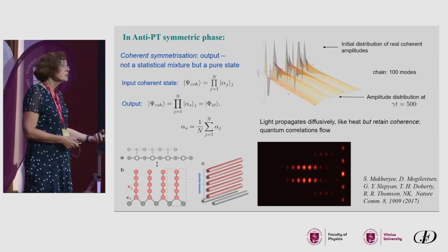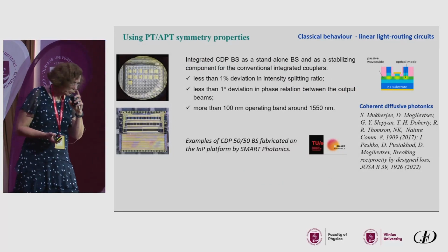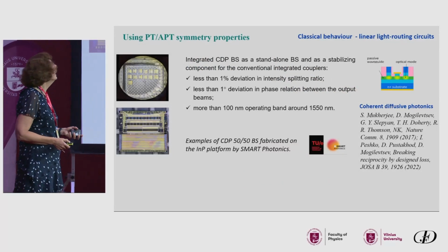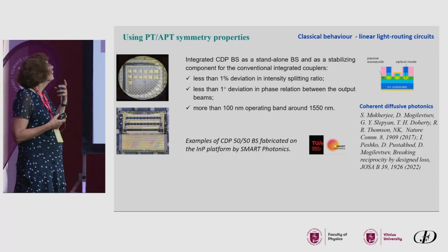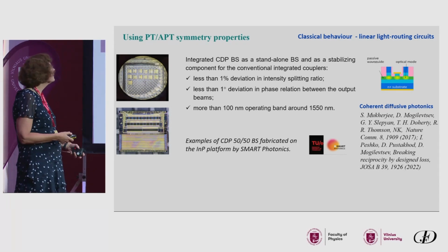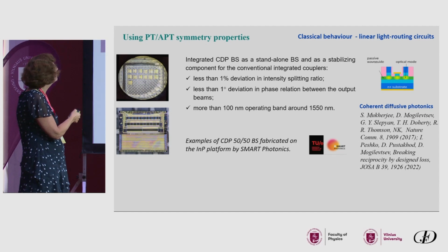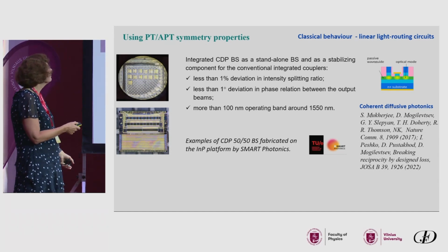You can go back to this elementary thing and think about it as a kind of coherent diffusive beam splitter. The positive side is that it's extremely robust, with very small deviation in intensity splitting ratio and phase relation, and it's extremely broadband.